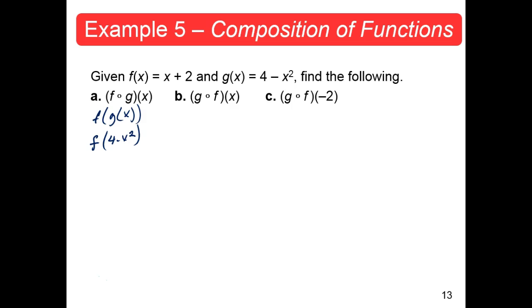Whatever's inside here, add 2 to it. Whatever's inside here, the x, add 2 to it. So what's inside there? 4 minus x squared plus 2. Let's fix that. What would that give us? 6 minus x squared. There's f composed with g.